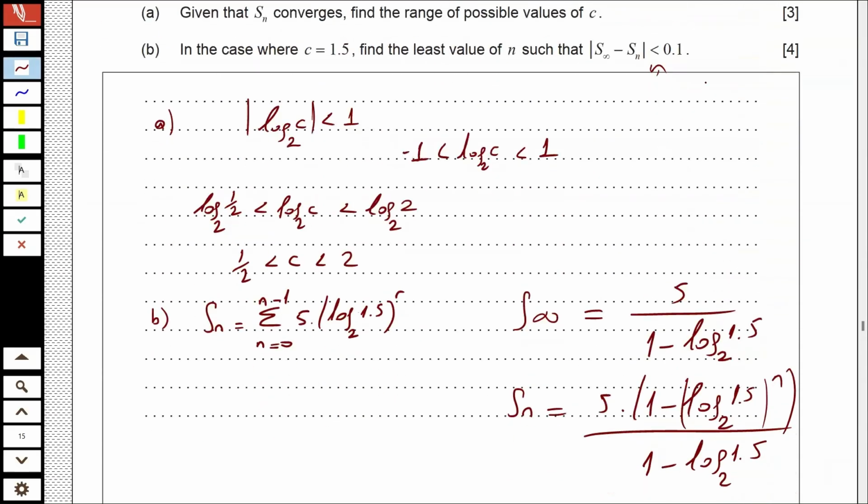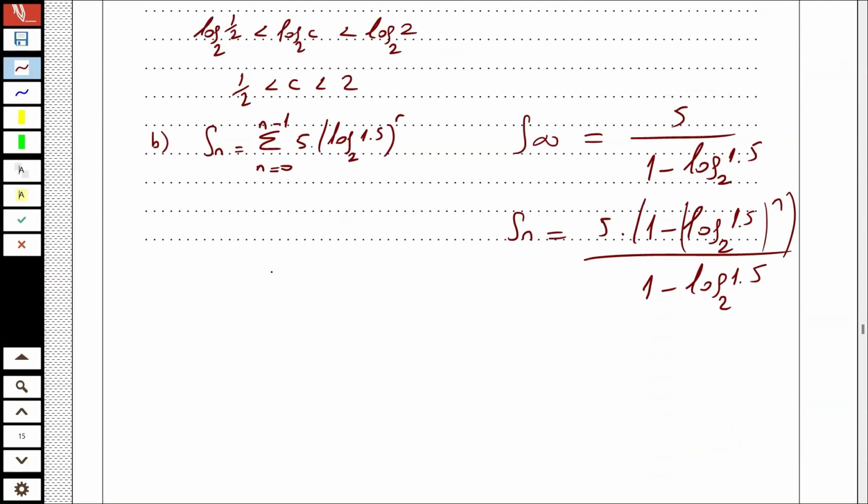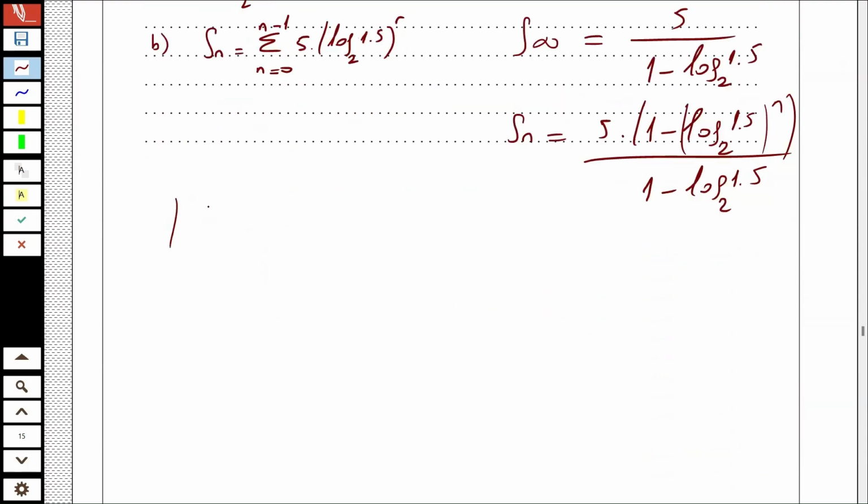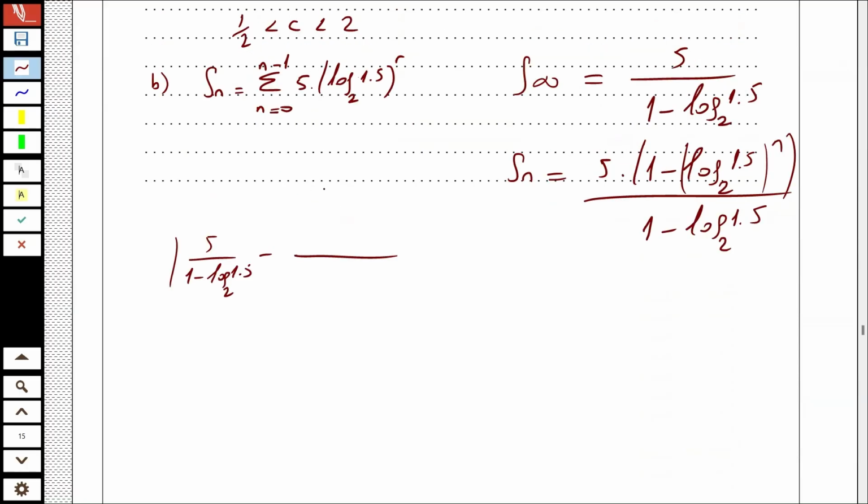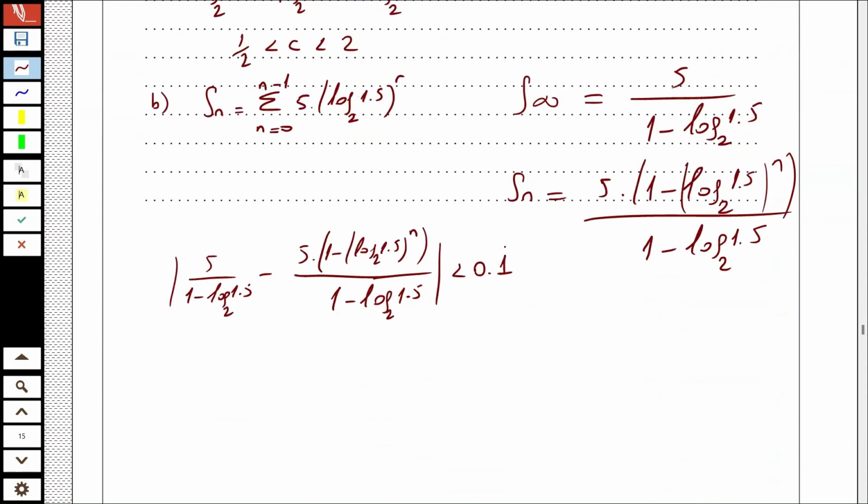So from here, we're going to use this inequality: absolute value of 5 over 1 minus log base 2 of 1.5, minus 5 times (1 minus log base 2 of 1.5) to the power of n, divided by 1 minus log base 2 of 1.5, is less than 0.1.